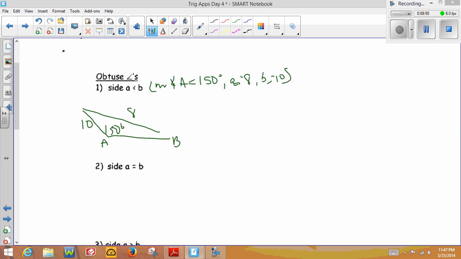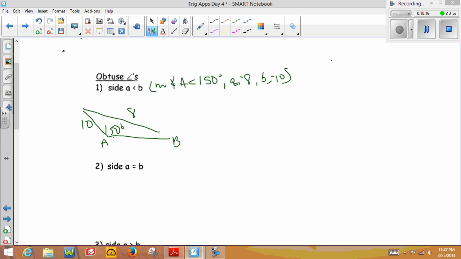Well, no, because if this is 150 degrees, it should be across from the longest side, because that has to be the largest angle in the triangle. The longest side is across from B, which would mean that B would have to be greater than 150 degrees, and in a triangle we only have 180 degrees, so there's no way I can have two obtuse angles in a triangle.